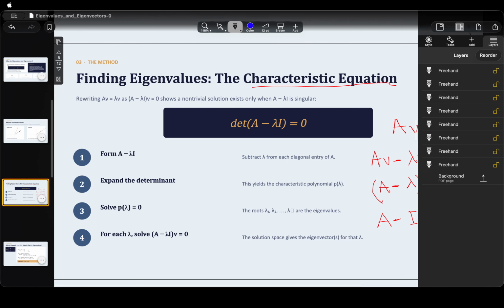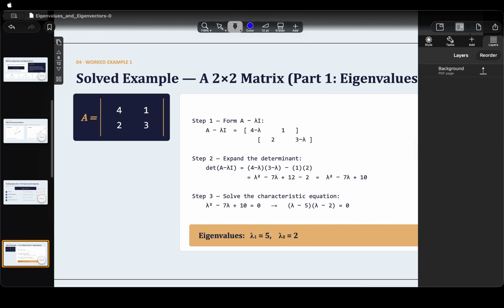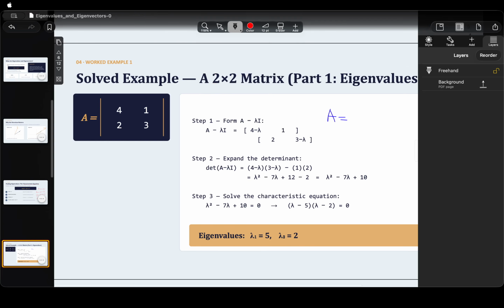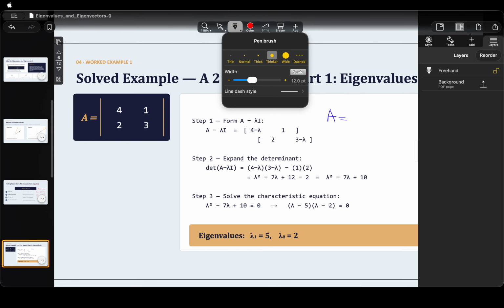This is the matrix that we have, and we would like to find the eigenvalues and the eigenvectors. You need to form your A minus lambda I, and if you do so, your new A will be equal to what you have. Let's take it slowly.